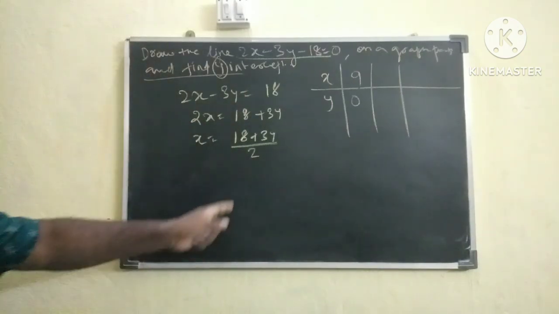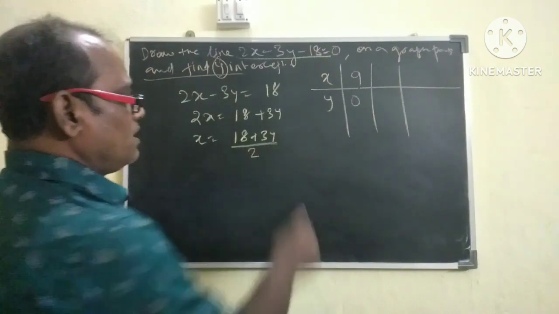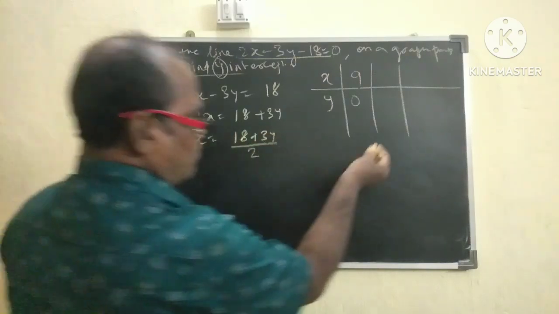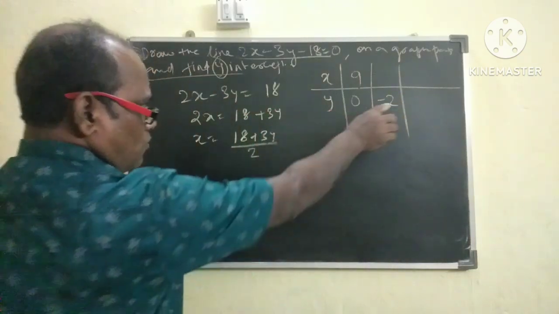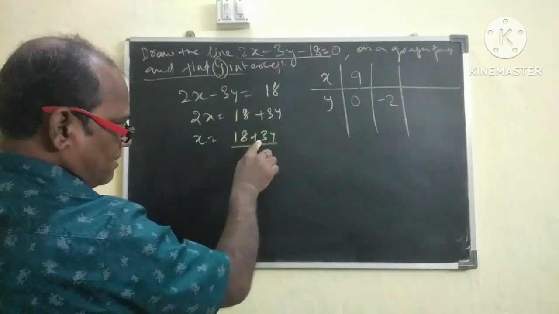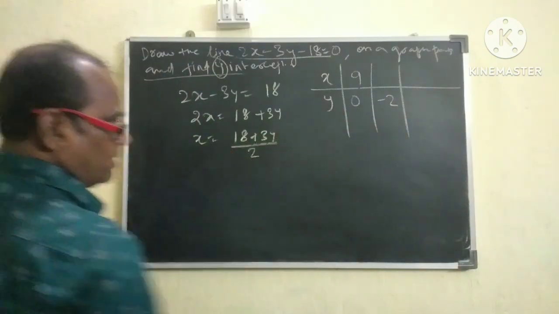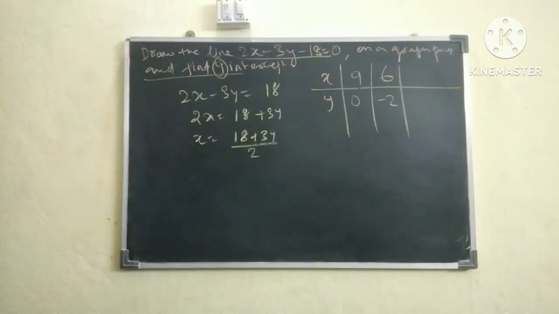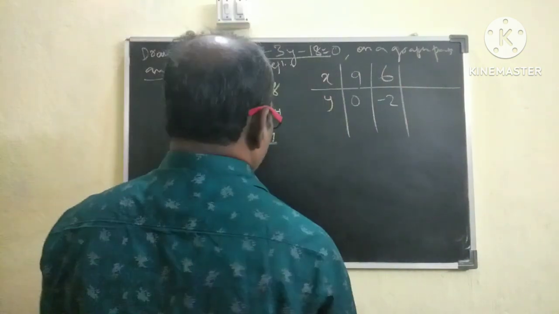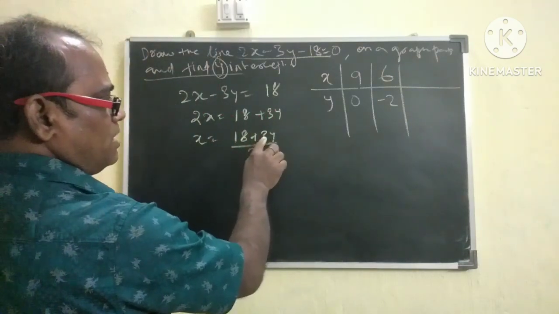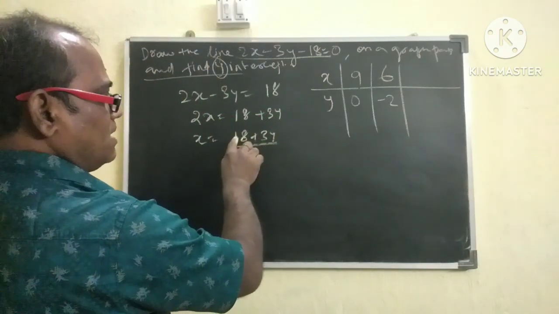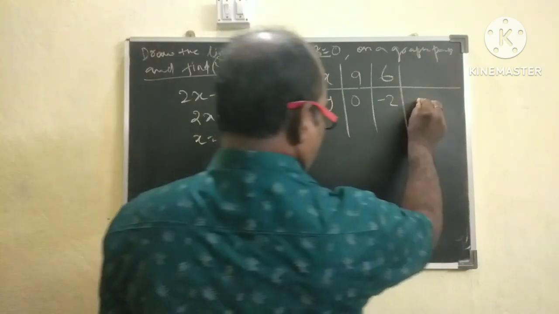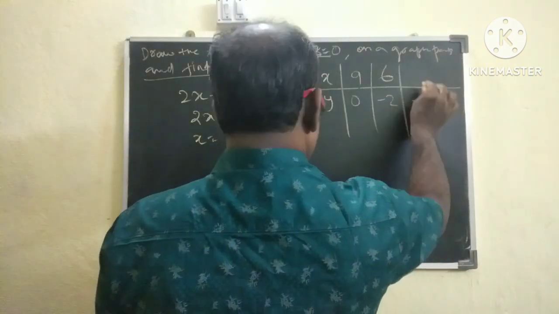Next, let us take y is equal to -2, then 3 into -2 is -6, 18 minus 6 is 12, 12 divided by 2 is 6. Write down here 6. Now let us take y is equal to -4, then 3 into -4 is -12, that is 18 minus 12 is 6, and 6 by 2 is 3. So take it as -4, and here it will be 3.